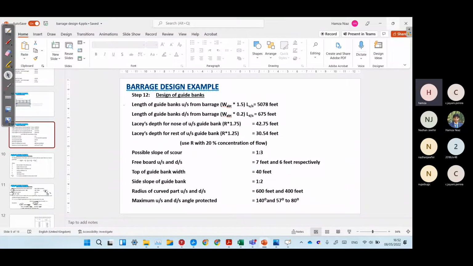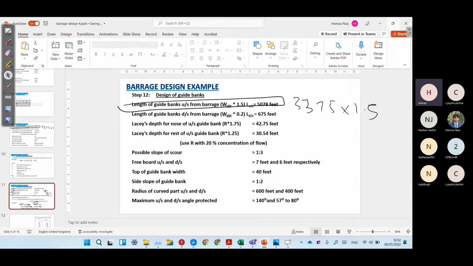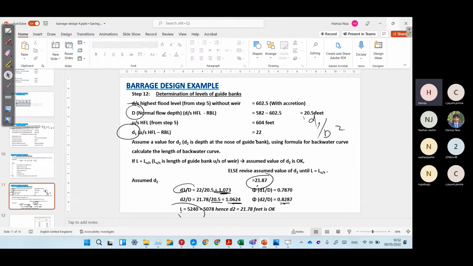This length of guide banks was width of abutment times 1.5. Simply multiply the width of abutment, we have 3375, I think, times 1.5, we'll get 5078. And our length from this equation should be around this value. These are very near, so that's fine.